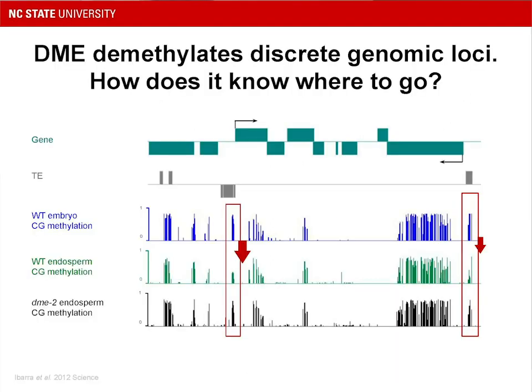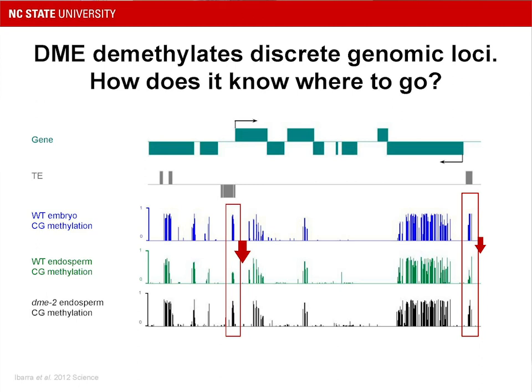Okay, so based on the genomic work, we know where DEMETER demethylates. We look at the genome browser, comparing embryo, mutant endosperm, and wild-type endosperm, and then we can pretty much see where it acts.